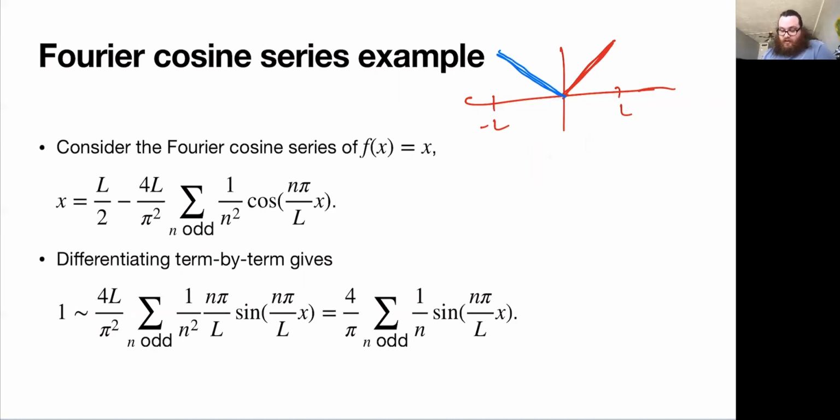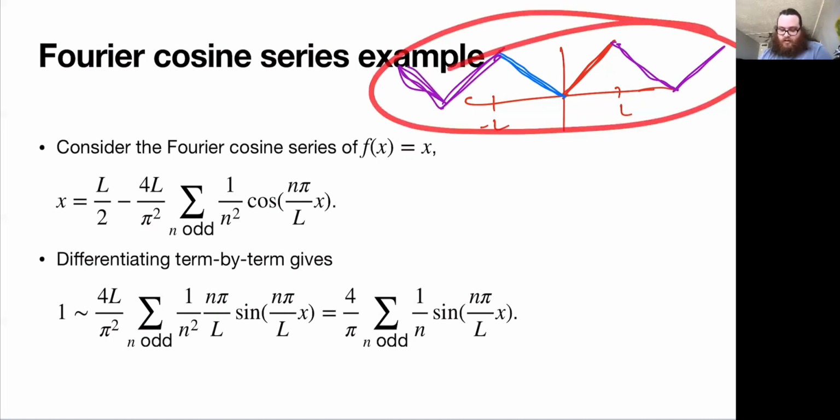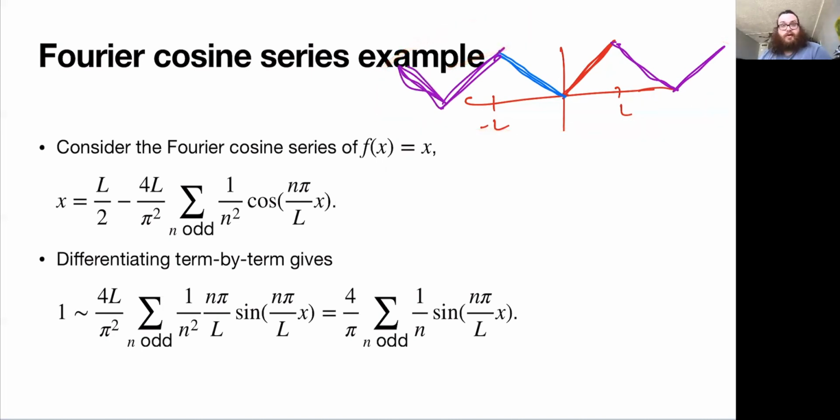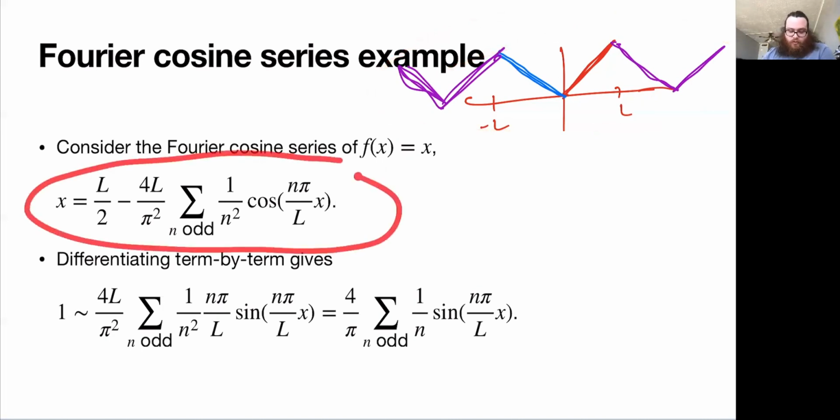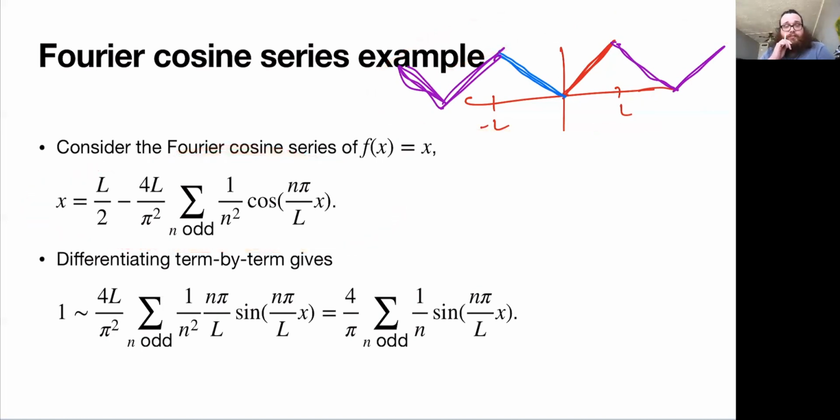And when we compute this for a cosine series, we take this periodic extension, and it's going to look something like this, etcetera. Here in particular, the Fourier cosine series is continuous, so we can differentiate term by term. So this is the Fourier cosine series for x.